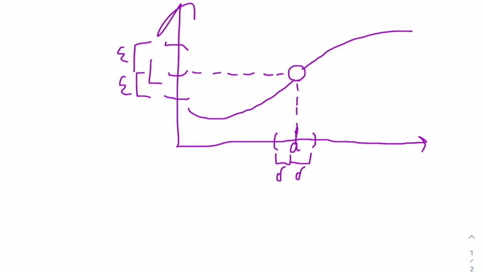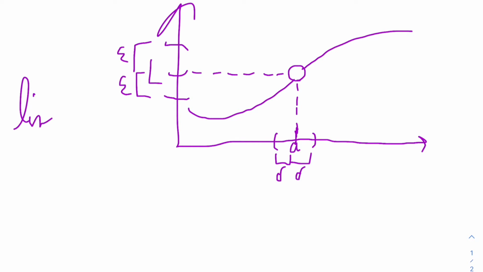So now the question is, what should be the relationship between these two distances? How can we use these distances in order to make a sensible definition of what a limit should be? We can get an intuition for these distances and the relationship by looking back at a regular limit statement, right?